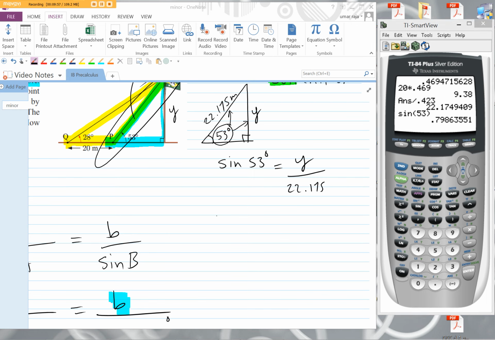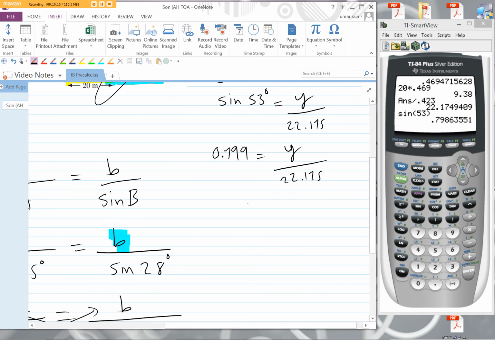0.799 if you round that to 3 decimal places, is equal to y over 22.175. Alright guys, so multiply both sides by 22.175 and that's going to give you the height of the flagpole.